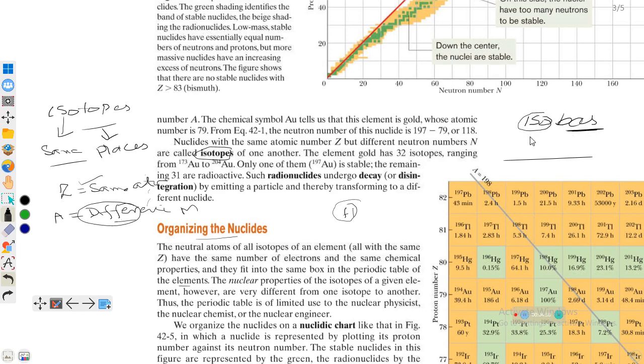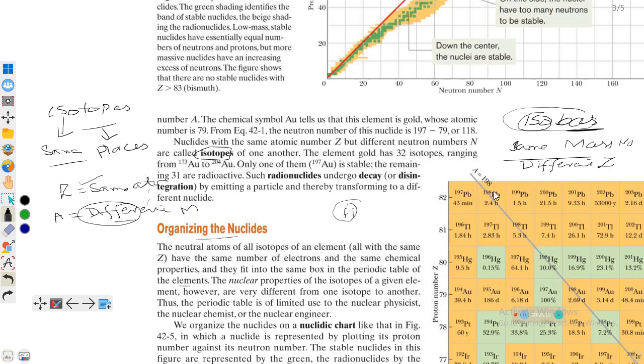So isobars are those atoms which have the same mass number but different atomic number.